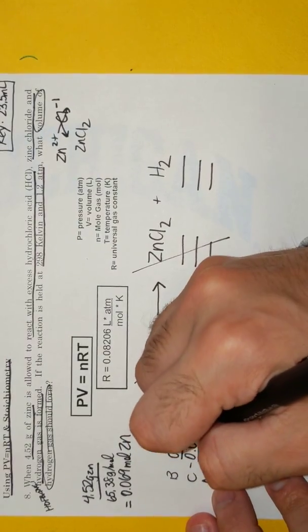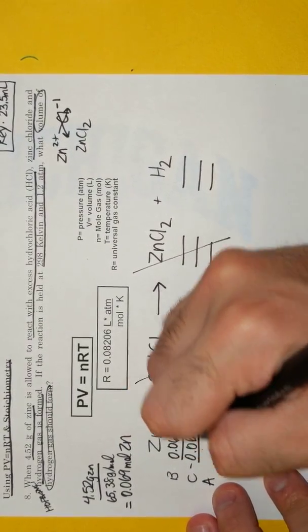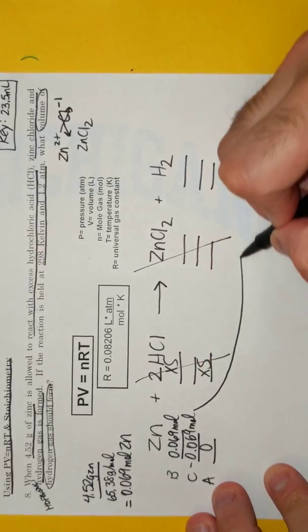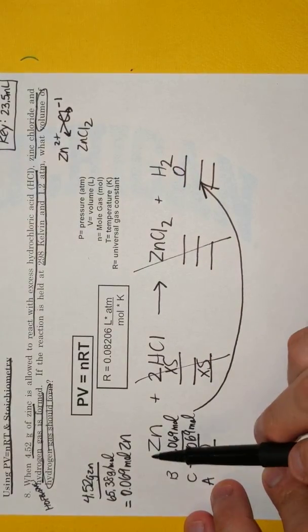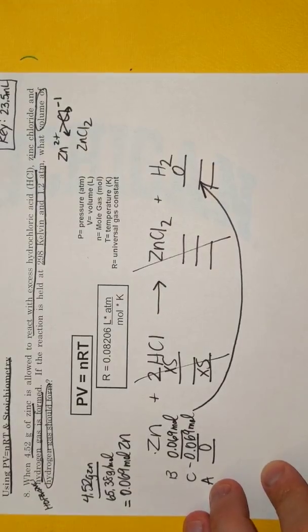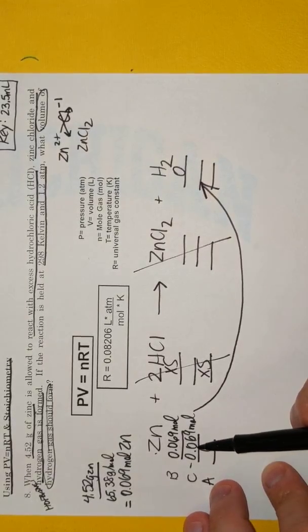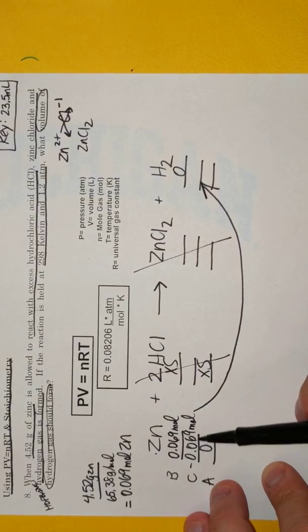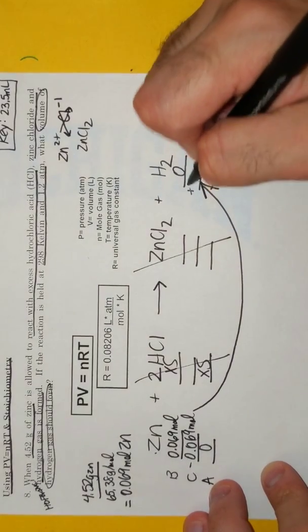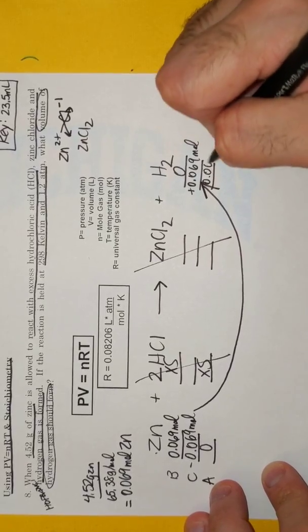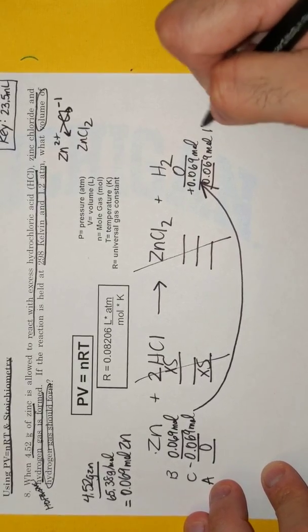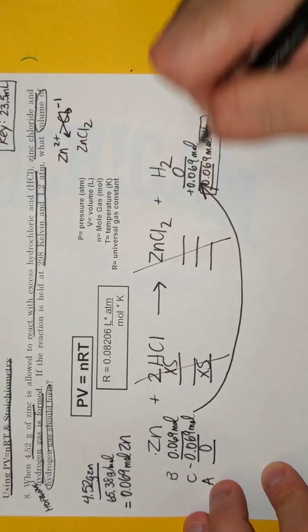So if I'm reacting all of my Zn, I start with 0 H2. This is a 1-to-1 mole ratio. So if I use 0.069 moles of zinc, I should be making 0.069 moles of H2. That's how much I'm making.